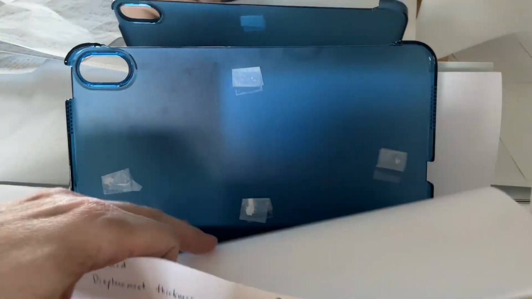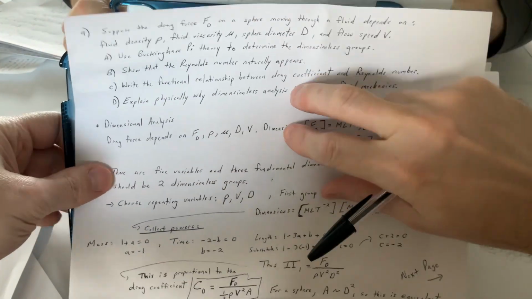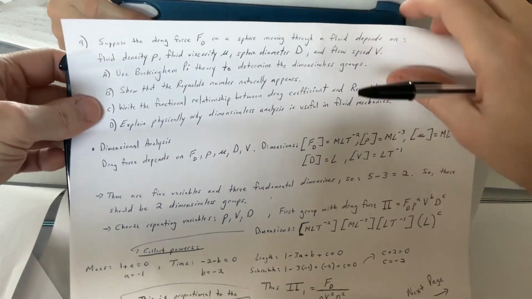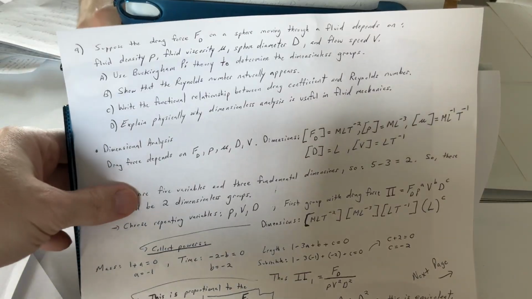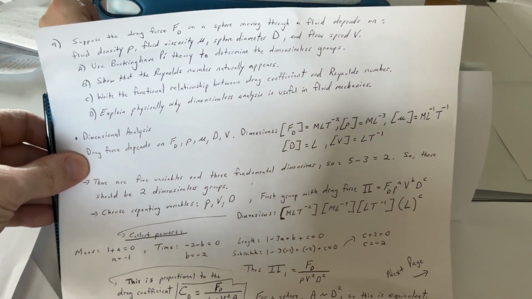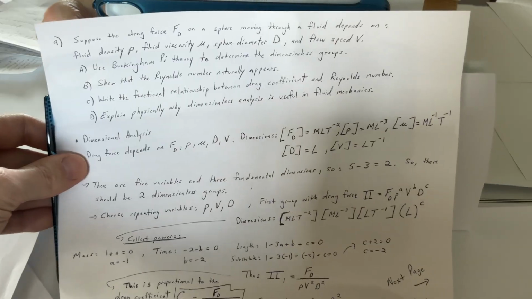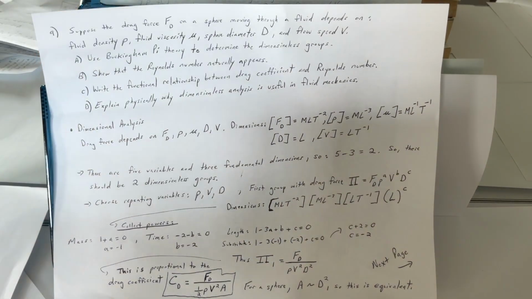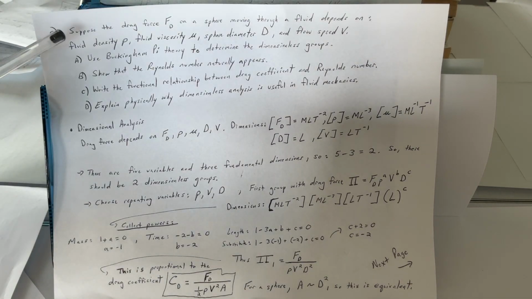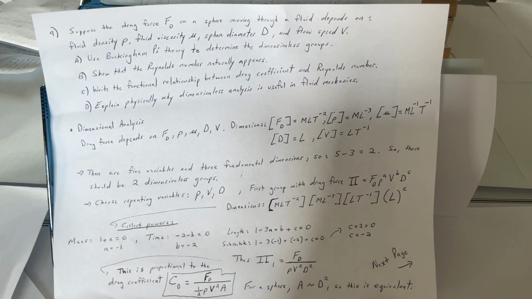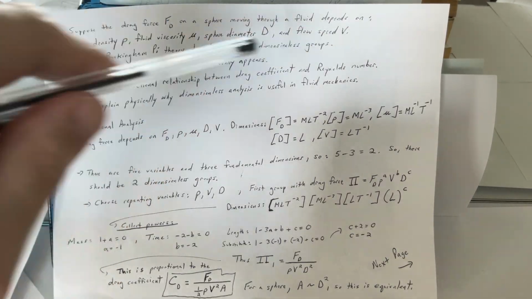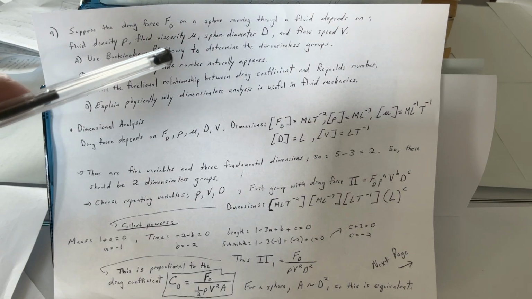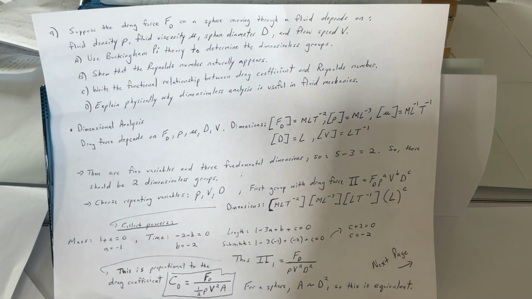We can move along now to number 9. Suppose the drag force F sub D on a sphere moving through a fluid depends on fluid density rho, fluid viscosity mu, sphere diameter capital D, and flow speed V. Part A, use Buckingham pi theory to determine the dimensionless groups.